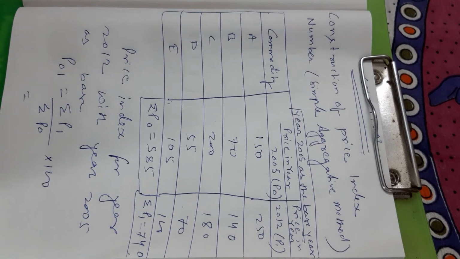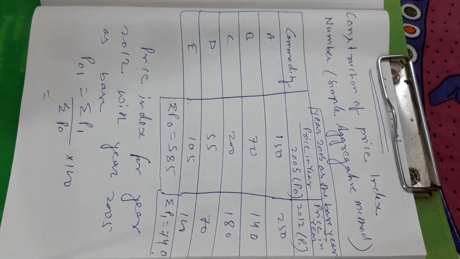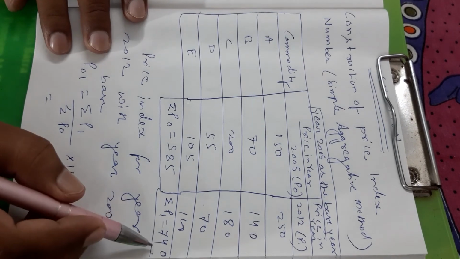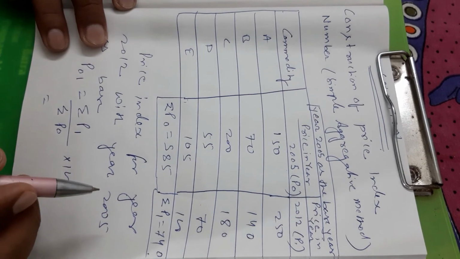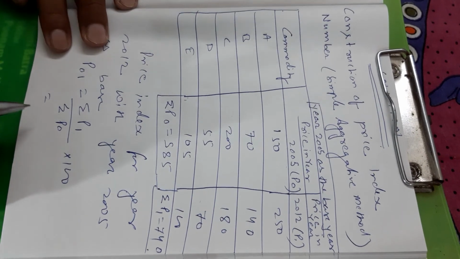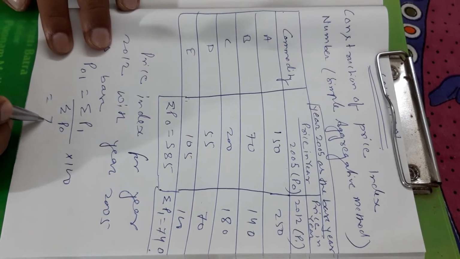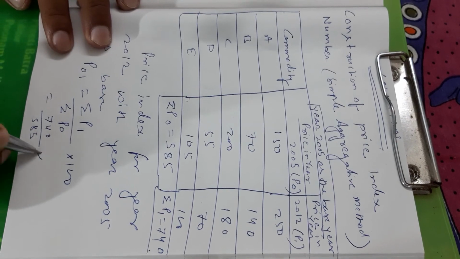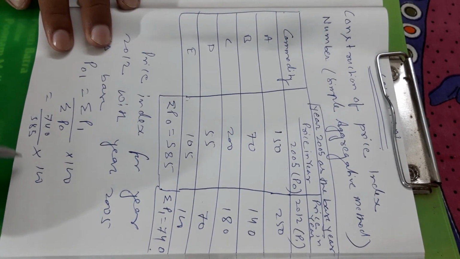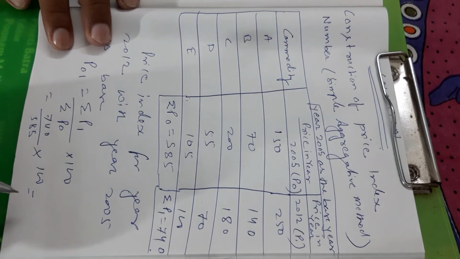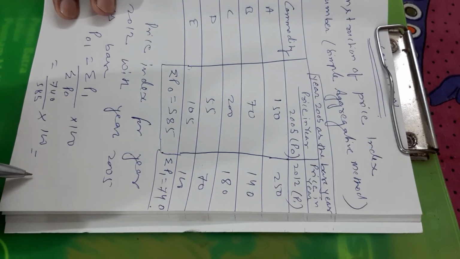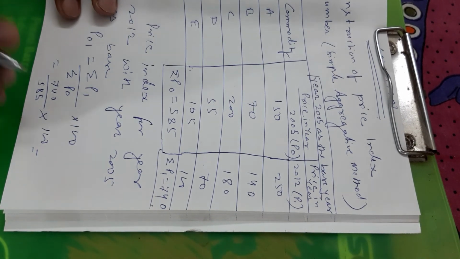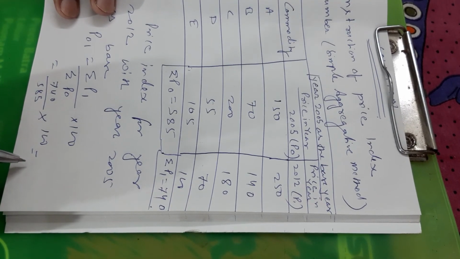Summation P1 is 740, summation P0 is 585, into 100. Cancel it, then calculate it. I have calculated 127.59.